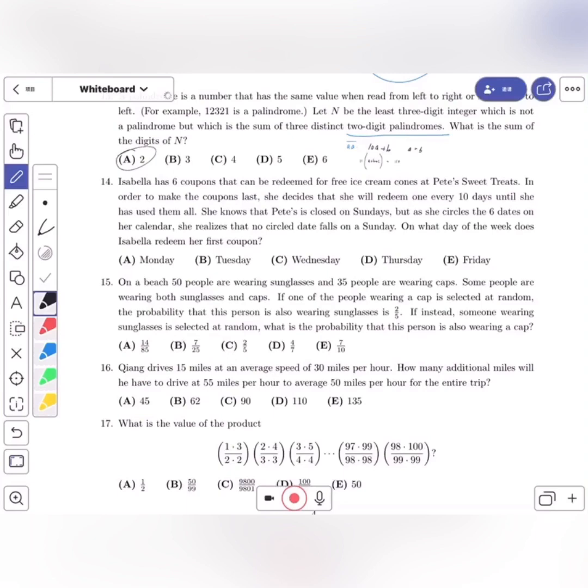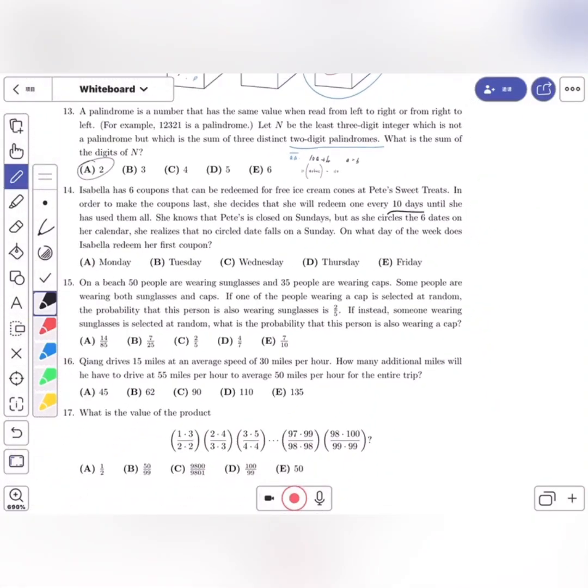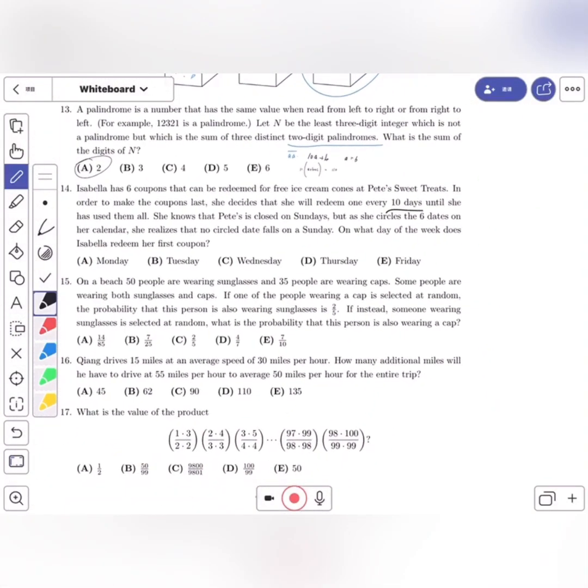So okay. She'll redeem every 10 days. Alright, so this one we might need to do some kind of modular arithmetic.